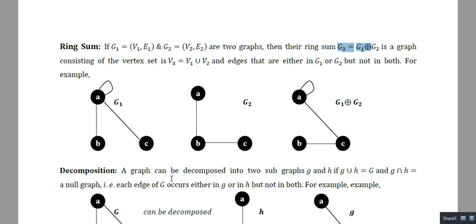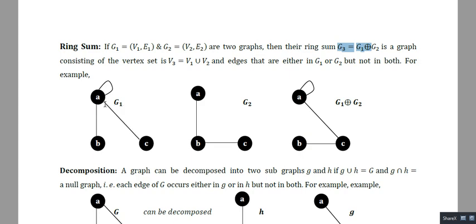Now this AB edge is present in both, so we cannot consider this one. This self edge from A to A is present only in this graph, so we can consider this. So consider those edges which are present in exactly one graph. If the same edge is present in both graphs, you just ignore it.